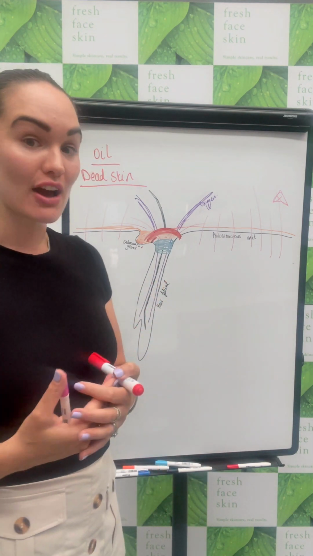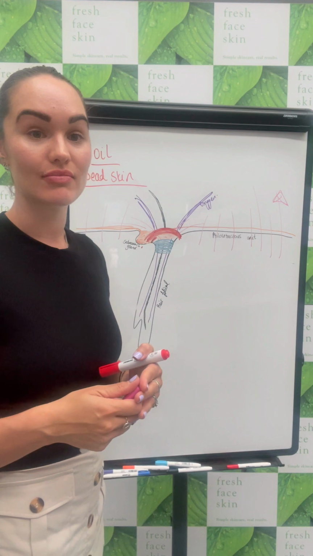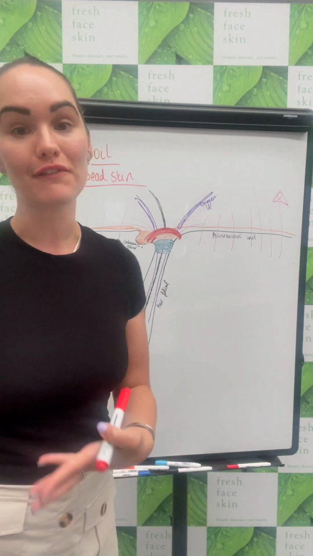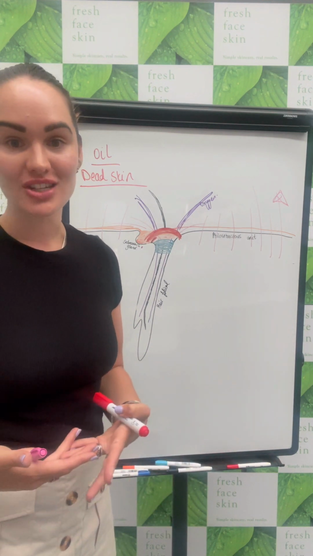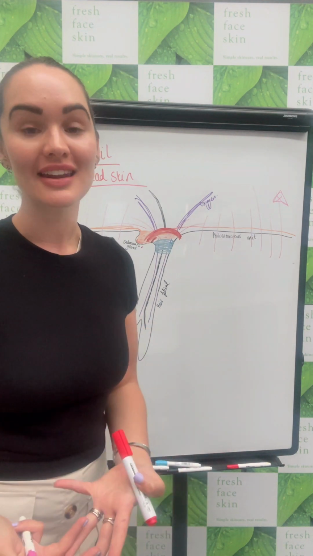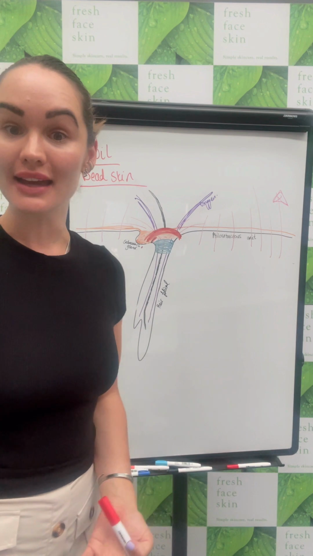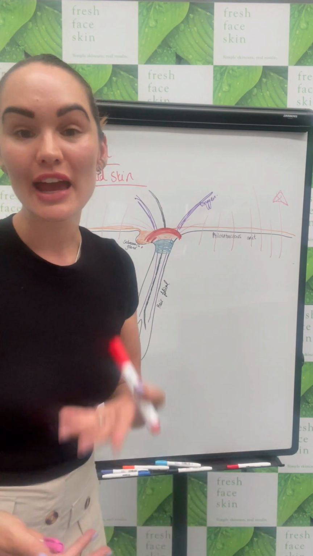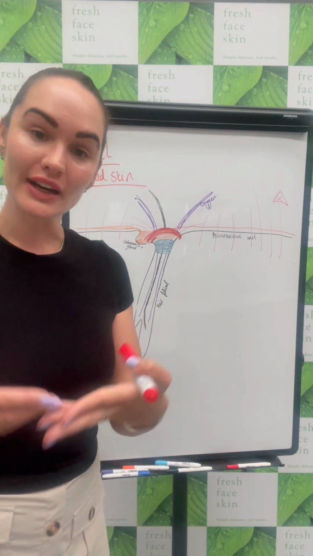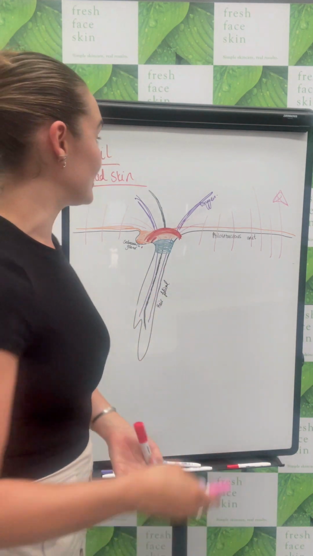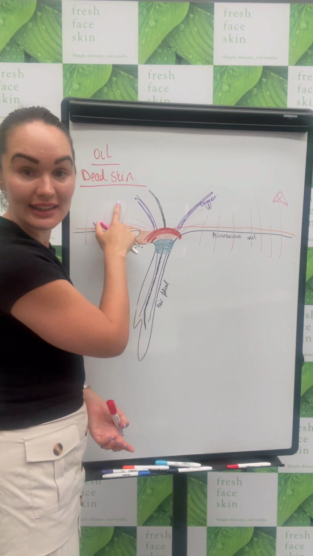Now, when our skin is dehydrated, it's really important that we understand our skin is not functioning in a balanced way. Our skin needs hydration at an optimal amount to naturally desquamate or exfoliate itself every 28 to say 36 days. So really, if you've got a healthy, balanced, hydrated skin, your skin should be exfoliating itself.